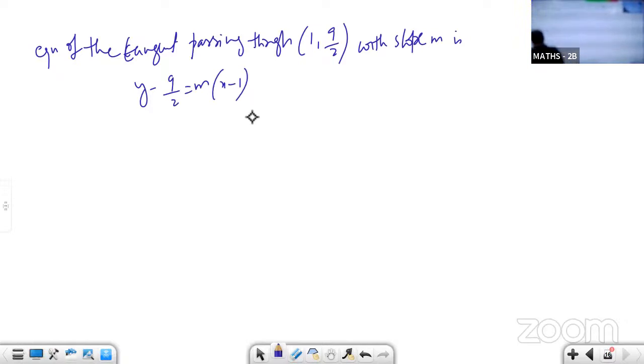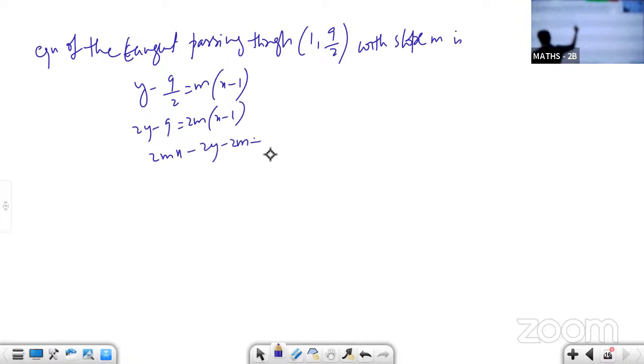Okay. This simplifies to 2y minus 9 equal to 2m(x minus 1), that is 2mx minus 2y minus 2m plus 9 equal to 0. This is our tangent equation.